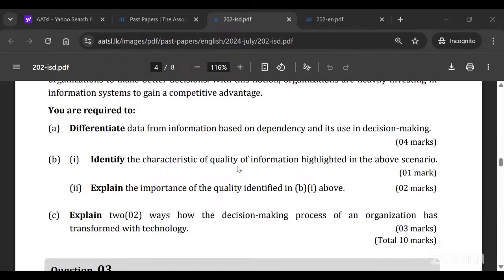The scenario emphasizes that the processed information should be delivered to the right person at the right time, ensuring it is useful and actionable when needed. The characteristic highlighted in the scenario is timeliness. Right? Explain the importance of the quality identified in B1.